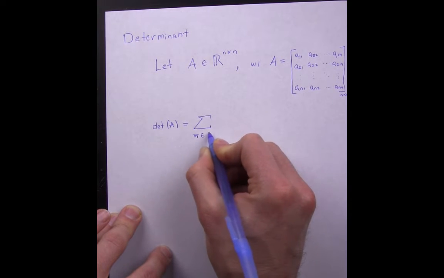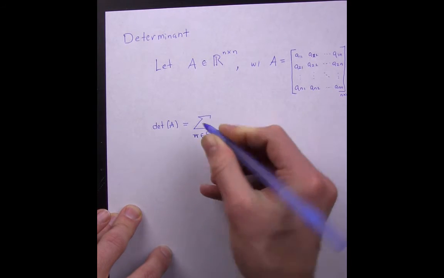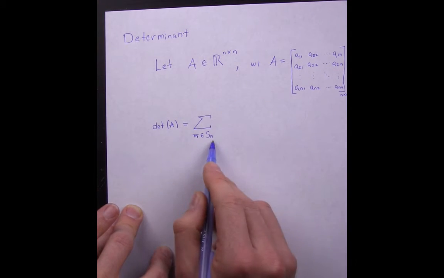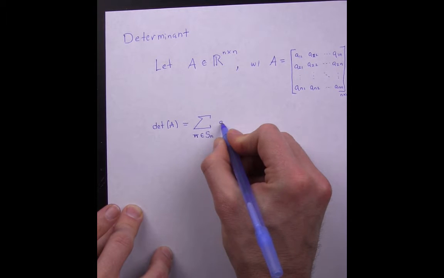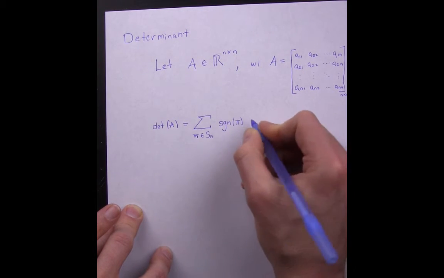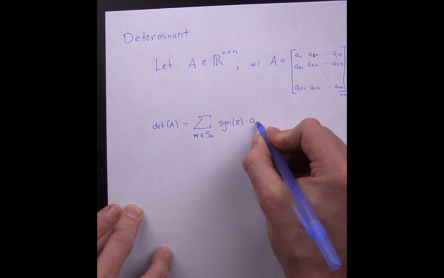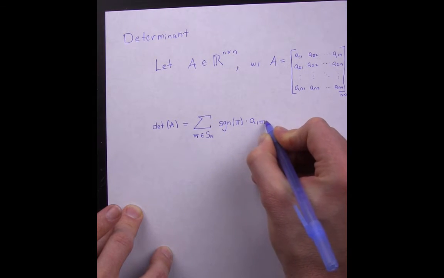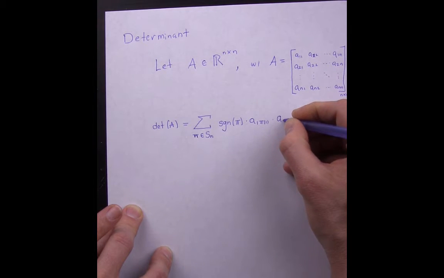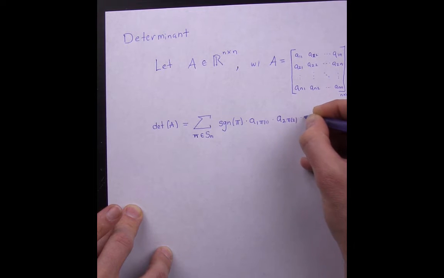So we sum over all permutations in the symmetric group on n elements, where we multiply each summand by the sign of the permutation, and then the product that follows is the product of the individual entries in A with a slight modification depending on each particular permutation.